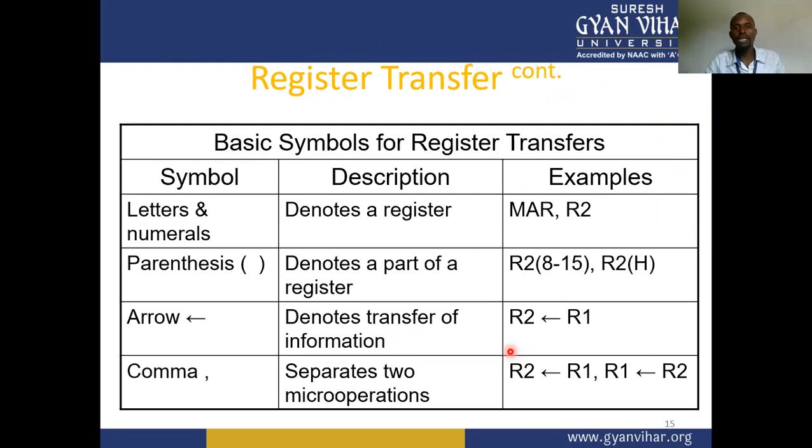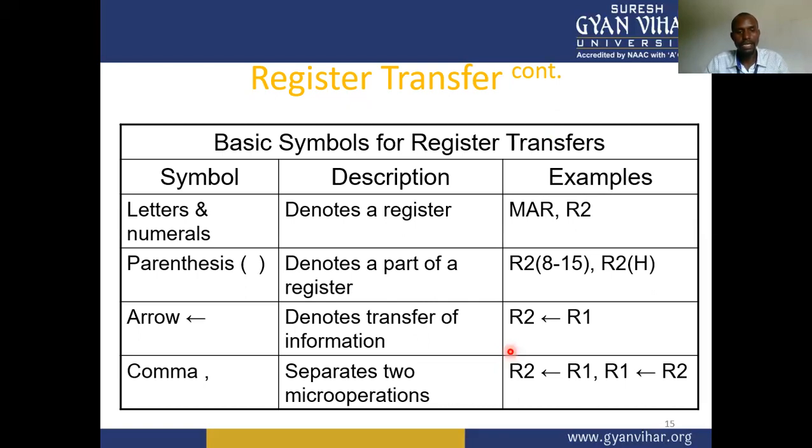Now these are the basic symbols for register transfer. This is a summary of the basic symbols that you can apply for any register transfer. This table is divided into 3 columns, that is symbol, description, and example. Let us look at each one of them and understand what function they play. The first one is symbol.